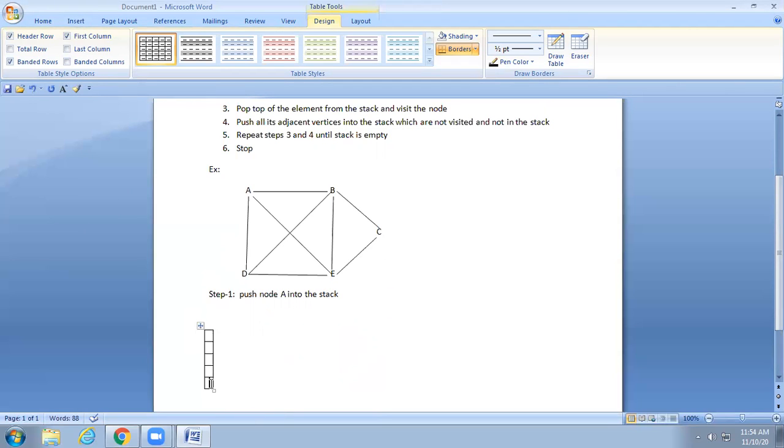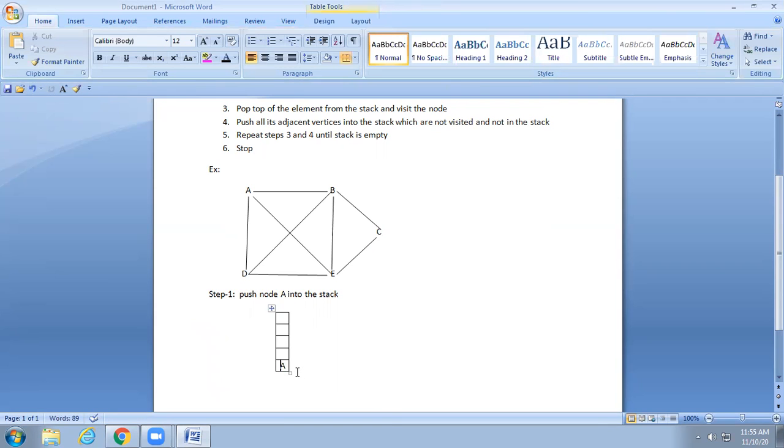A is the first node, so we push A into the stack.